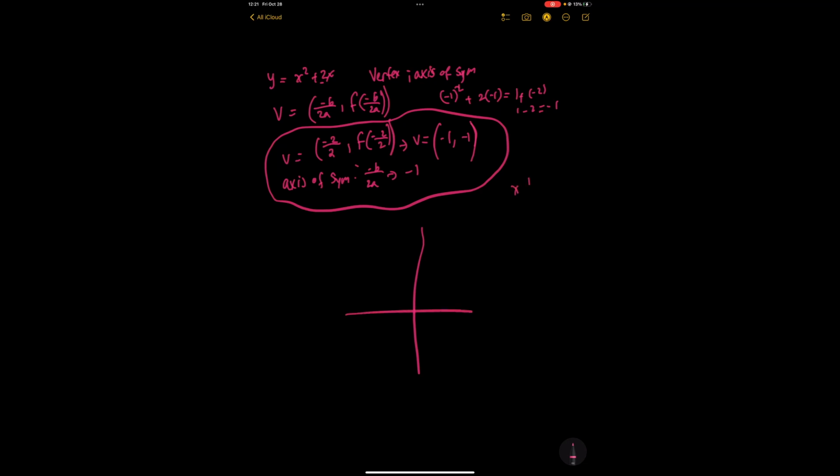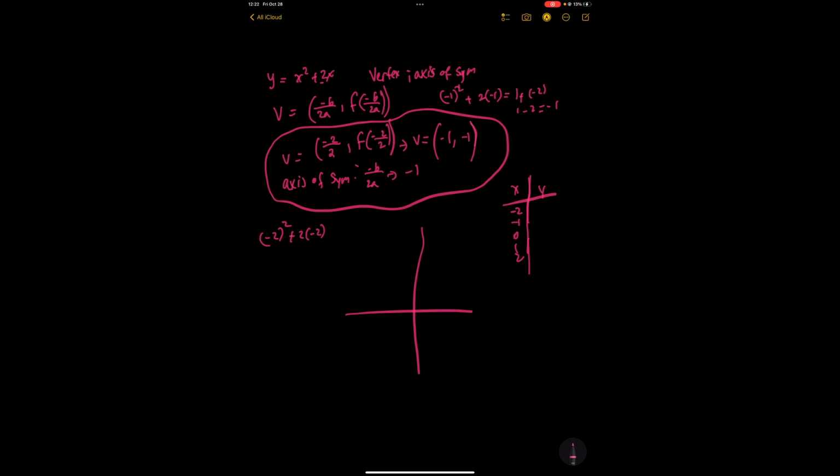We have x and y. And let's say we have -2, -1, 0, 1, 2. So -2 for x will be -2 squared plus 2 times -2.